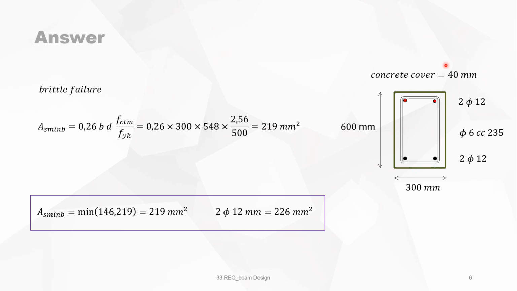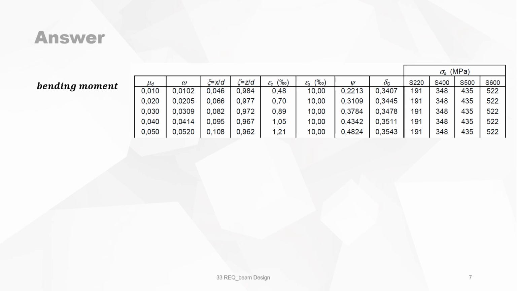Now from this section, we have to calculate the resistance or the bending moment capacity. We can now use the concrete tables. Just bear in mind, we are looking now for the bending moment capacity, so we cannot work directly with mu d. We know the reinforcement ratio, and we have the geometric characteristics.